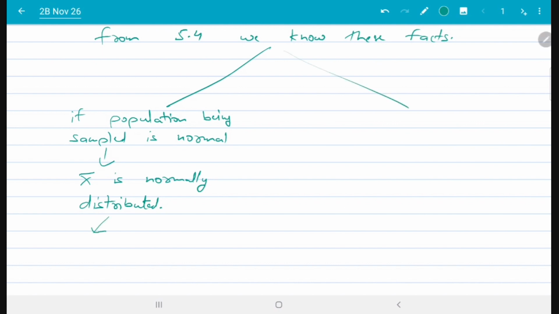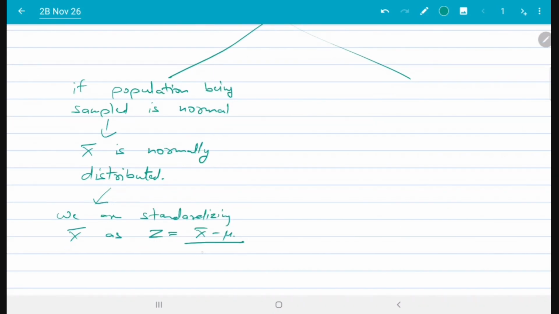And we are standardizing X bar as Z equal to X bar minus mu over sigma by root n.